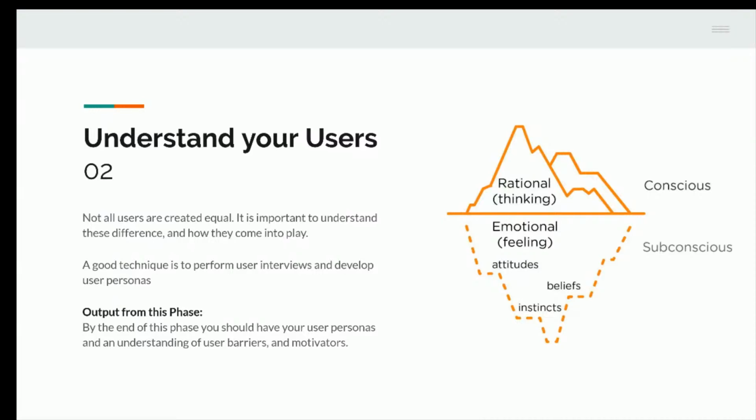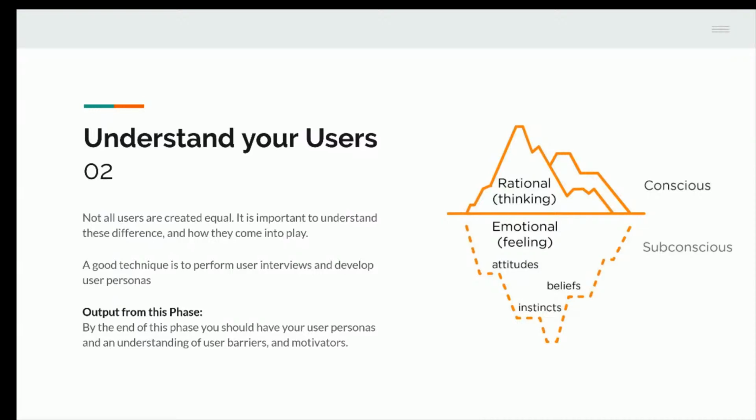There are multiple techniques, but a very good technique that we have come across, and that has been very well documented in tech literature, is user interviews and using user personas.